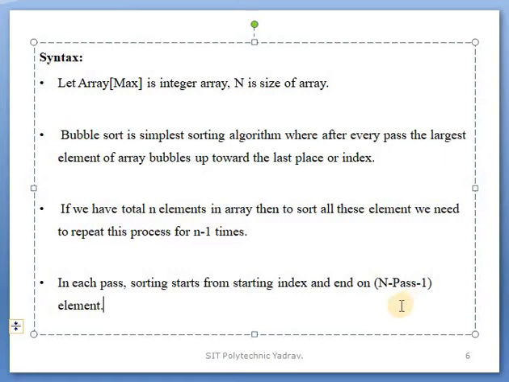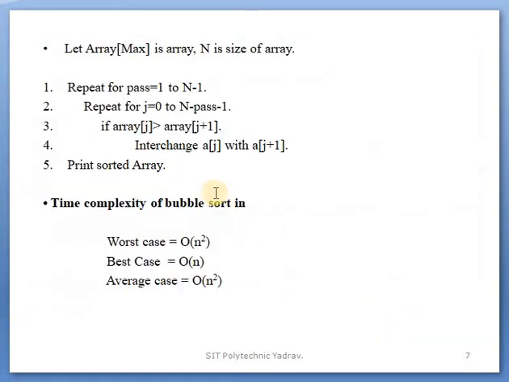Using an example you will be clear on these points. Let array max be the array and n the size of the array. The syntax: repeat for pass from 1 to n minus 1. How many passes are possible in bubble sort? n minus 1.